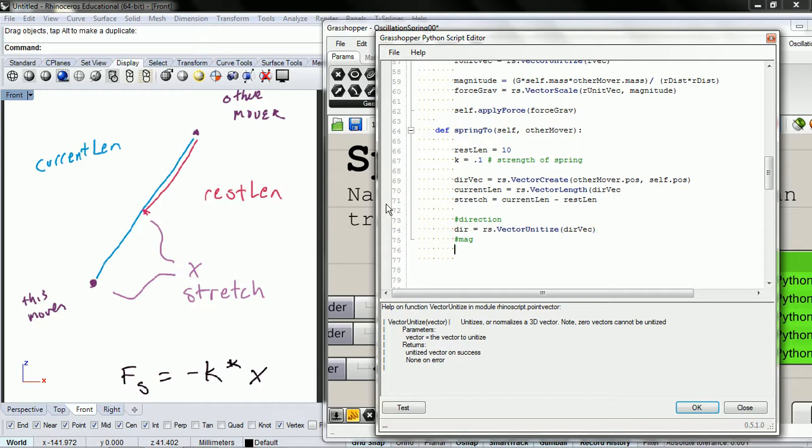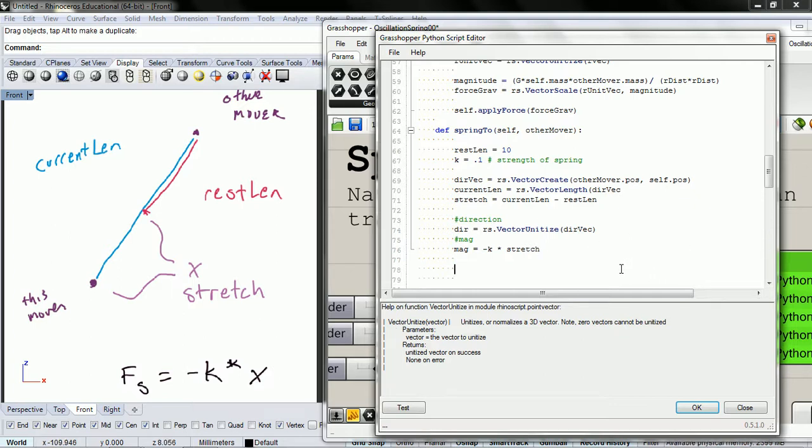And then the magnitude is this right here, the force is minus k times x. So we have minus k times stretch.